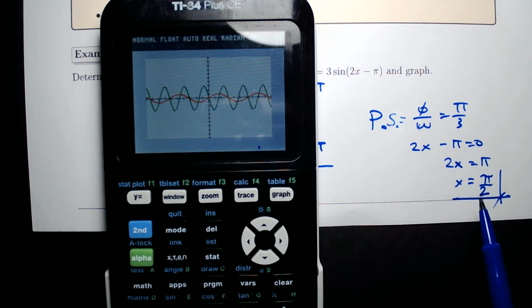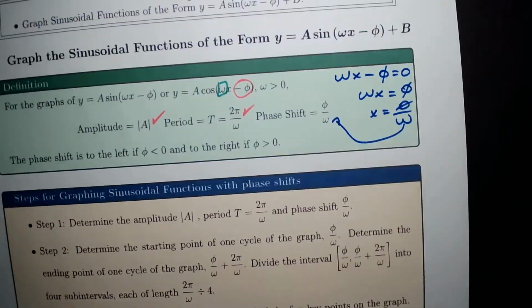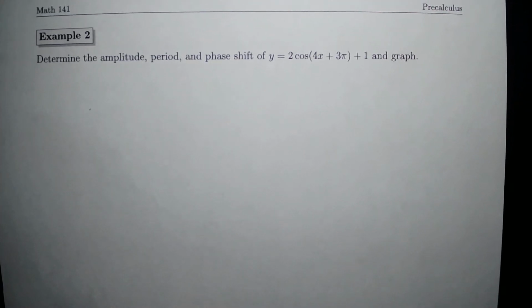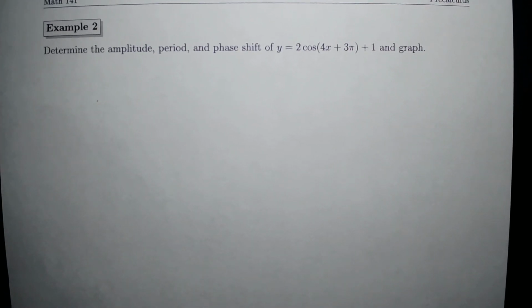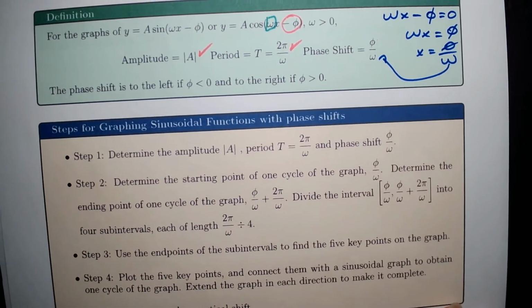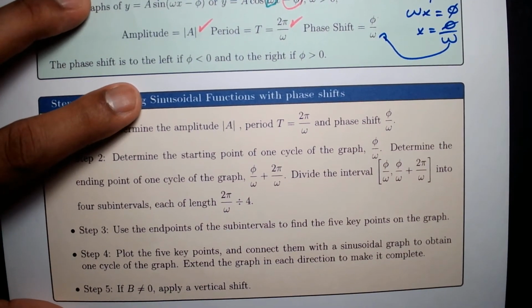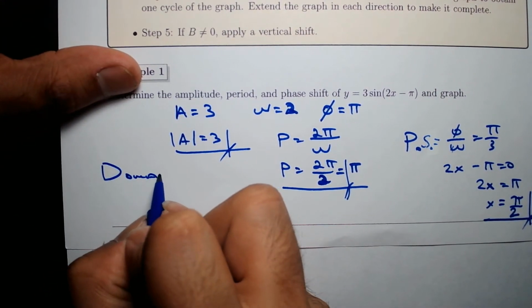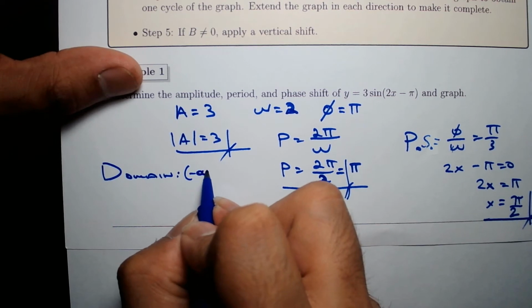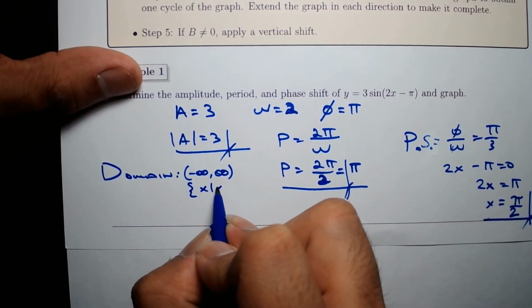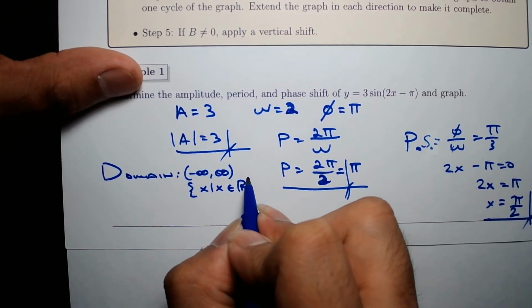That's all we needed to do here. Oh, by the way, before moving on, you might want to state the domain for this, since you might be asked for the domain in the homework. Again, it's all real numbers, negative infinity to positive infinity, x such that x belongs to the set of all real numbers.